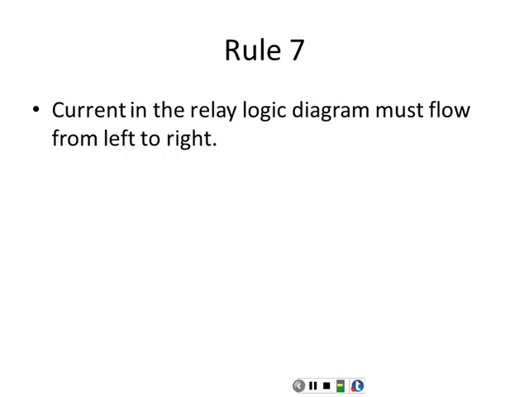If only switch 1 and switch 2 are closed and switch 5 is closed, would it turn on the red light? No, it won't, because it can't back up. Everybody with me? So it will only go in one direction.